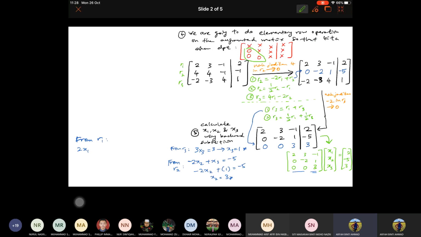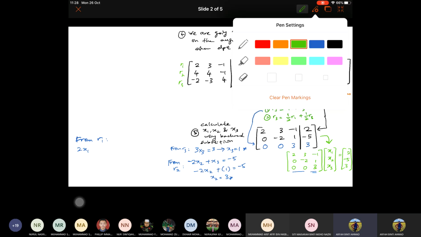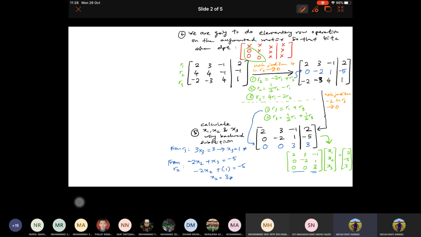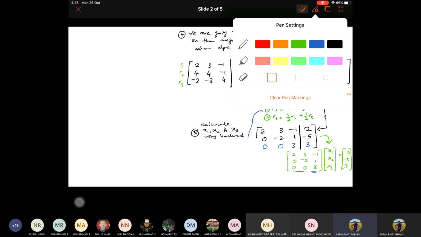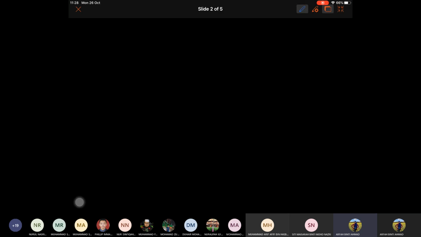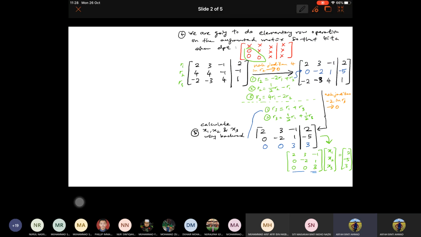Daripada persamaan ini. Okay, sekejap saya tunjuk kat sini. So daripada persamaan yang awak dapat, this one. So ini persamaan yang kita dah kira guna apa nama dia tadi? Yang kita dah buat dia punya Gauss Elimination. Okay. So this is the equation that you get by using Gauss Elimination.